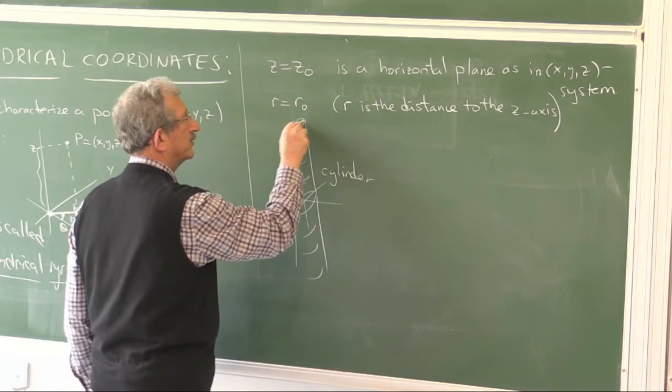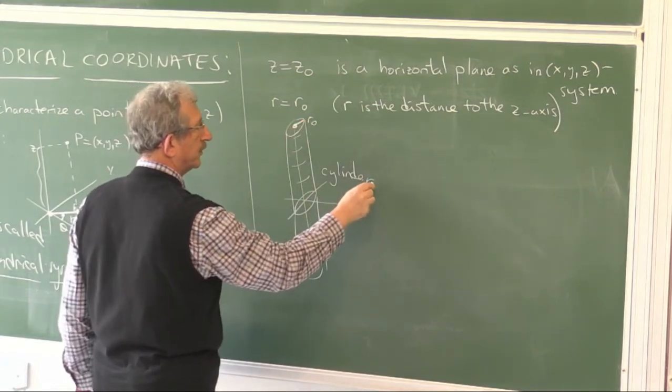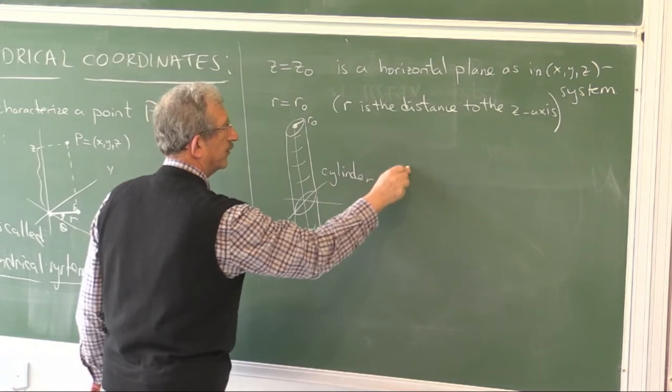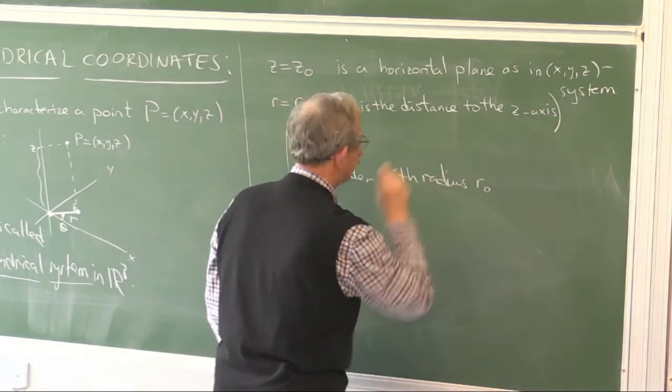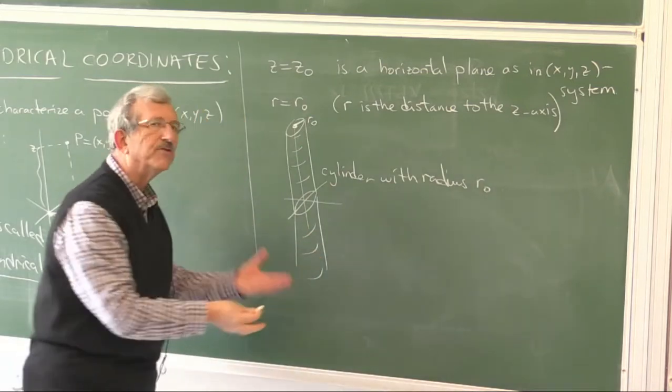Here, the radius is R0. Hence, the name cylindrical coordinate system.